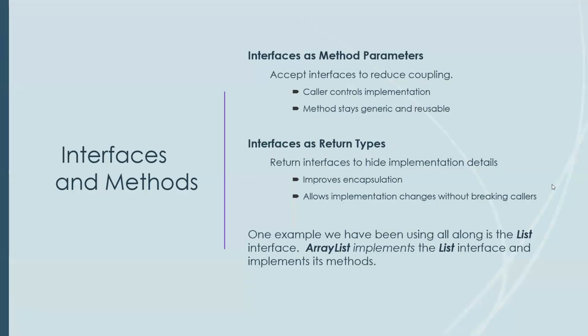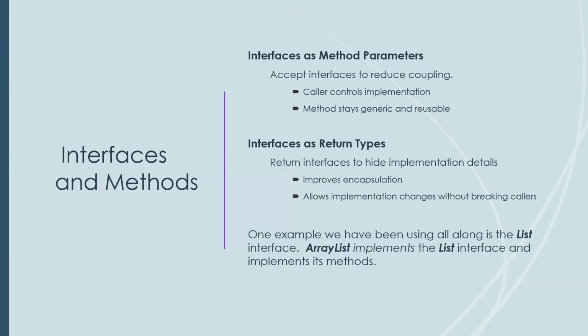All right. So let's talk about interfaces and how they relate to methods. Interfaces can be used as method parameters, and they can also be used as return types. So you can pass an argument of a type that's that interface.